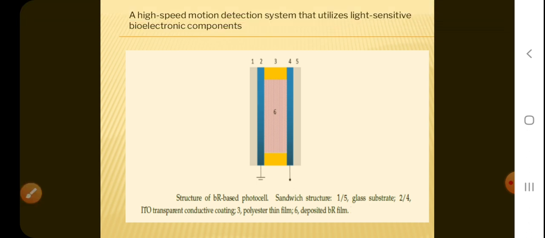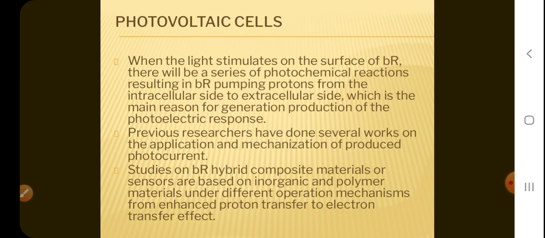This is just a schematic representation. This photocell is used to detect the movement of the object. When light strikes the surface of bacteriorhodopsin, we have seen that it induces a series of photochemical reactions resulting in the bacteriorhodopsin pumping protons from the intracellular side to the extracellular side, and it also leads to the production of a photoelectric response.